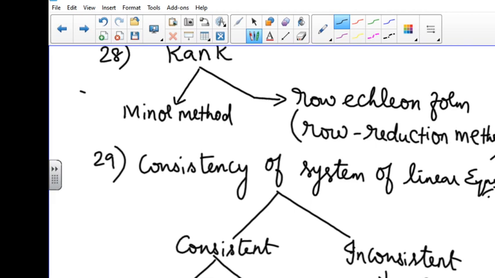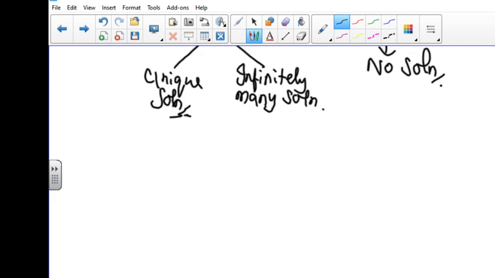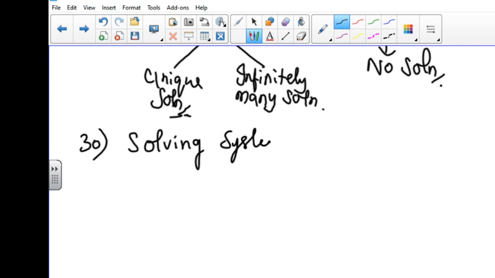Next is solving system of linear equations. It can be done by using three methods.